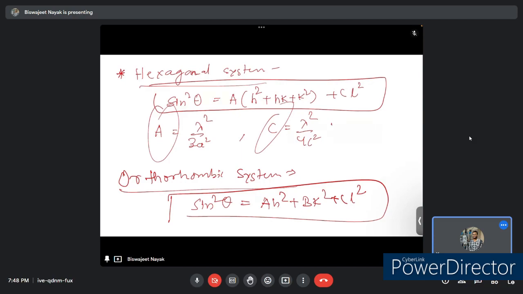Now we have the problem of solving for A and C, which are two constants, and after finding them we can index our crystal system very easily.